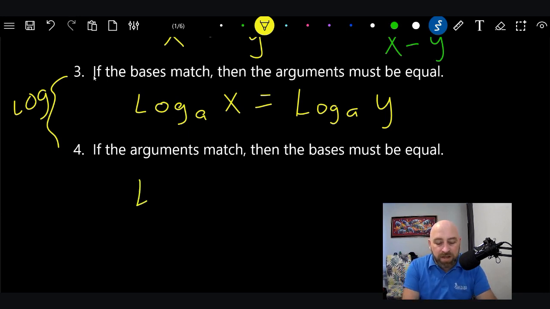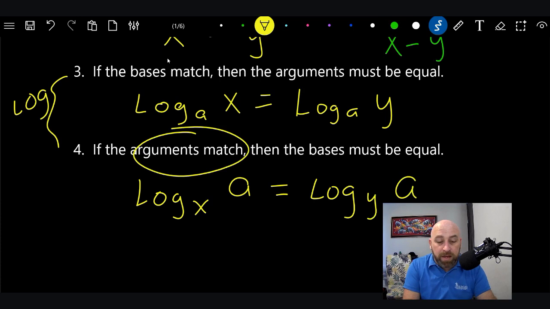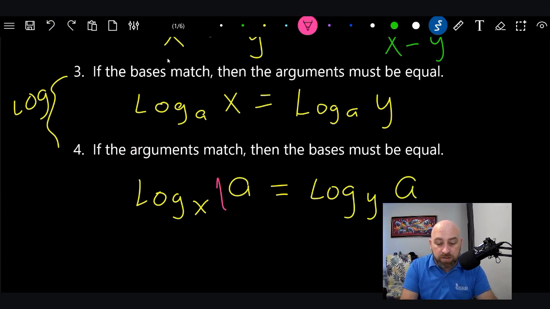Well, this time we have log base x of a equals log base y of a. If the arguments match, what are the arguments? Well, it's this and this. So they're both a. A equals a. What must also be equal? The bases must be equal. So x must equal y.